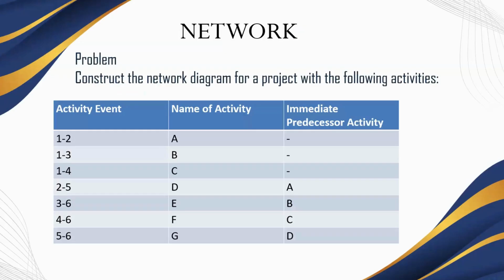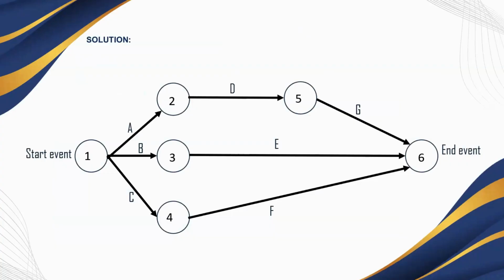This is the problem of the network. Construct the network diagram for the project with the following activities. Activity events go from 1 to 2, along with the name of the activity done between the events. This was the starting event and this was the end event.